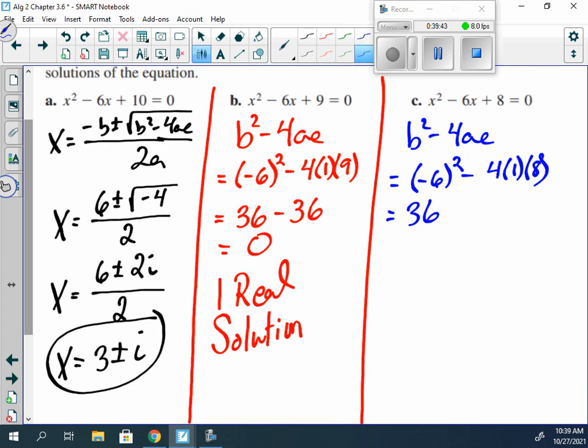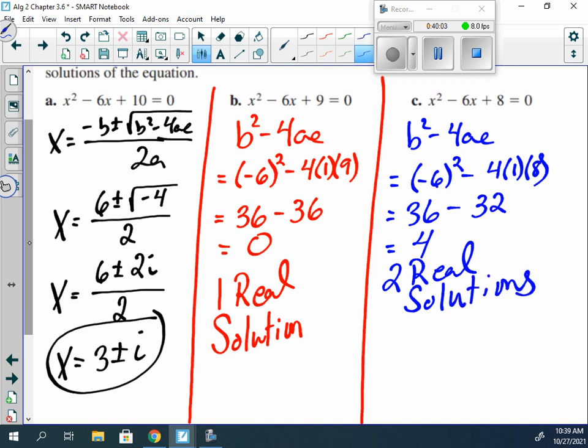Well, negative 6 squared is still positive 36. 4 times 1 is 4, times 8 is 32. 36 minus 32 is 4, so we have what? 2 real solutions. And we could plug it back into the quadratic equation to find out what those solutions are. Any questions on any of this here? We good with this here?